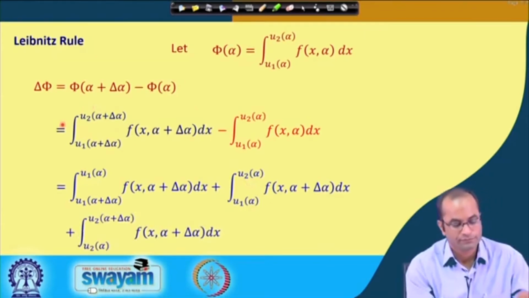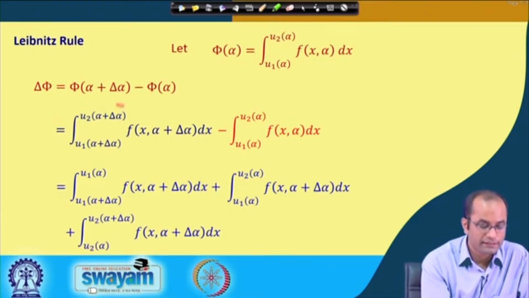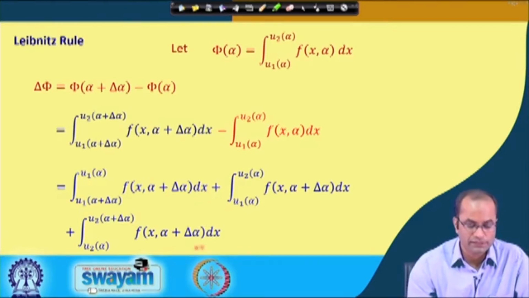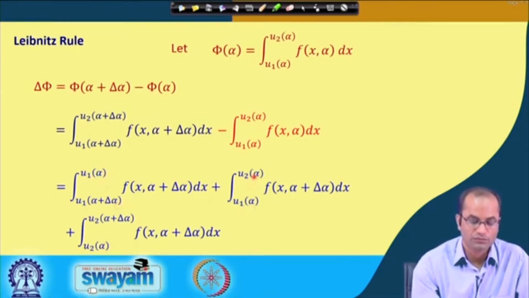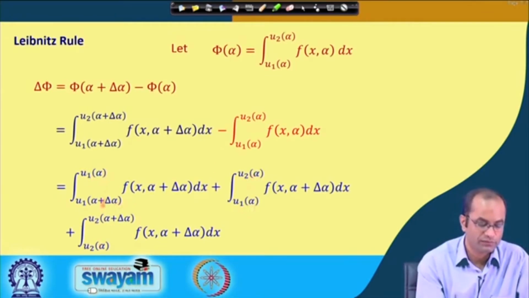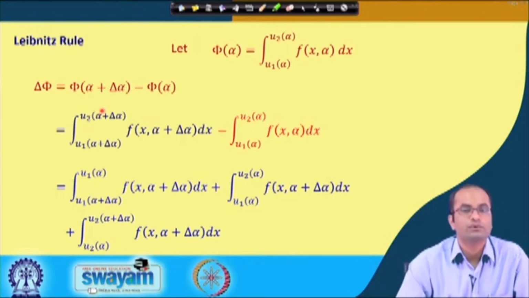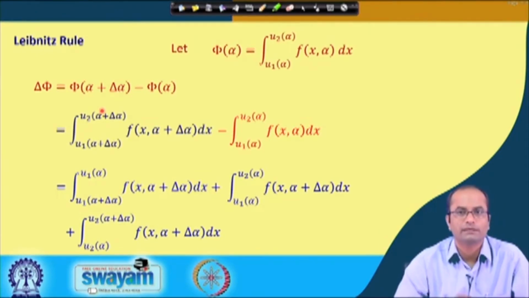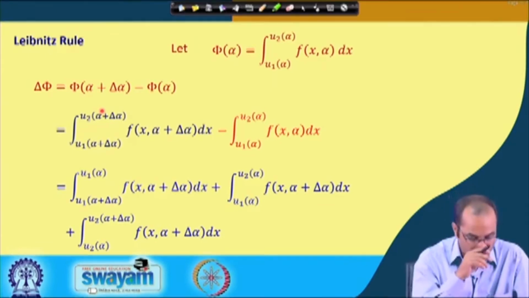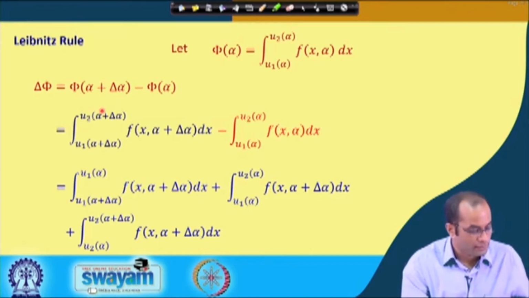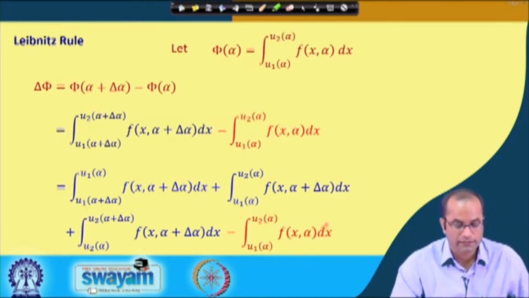So, we have taken this integral as a sum of these three integrals: u 1 alpha plus delta alpha to u 1 alpha, then u 1 alpha to u 2 alpha, and then u 2 alpha to the end limit u 2 alpha plus delta alpha. So, that is a property of the limit. We can take many intermediate points and break the integral into several integrals.